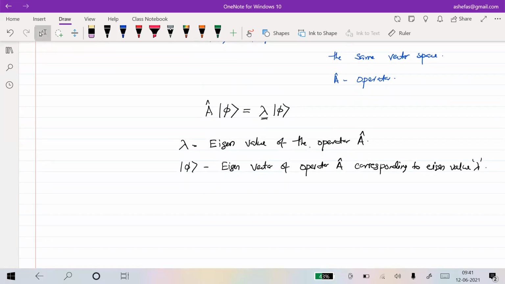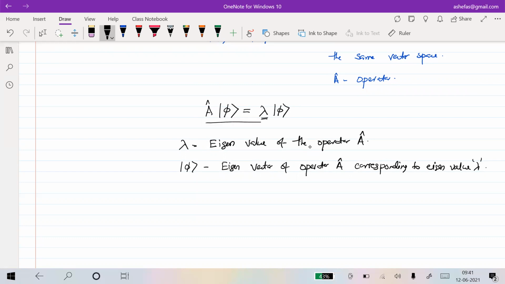So is that clear? The action of an operator A on certain vectors leaves the vectors unchanged, but with multiplication by a scaling factor. That scaling factor is called the eigenvalue, and the vector phi is called the eigenvector of that operator corresponding to the eigenvalue lambda.